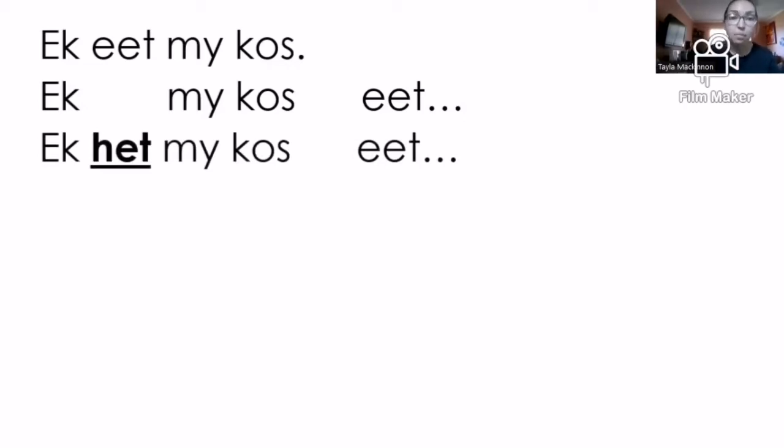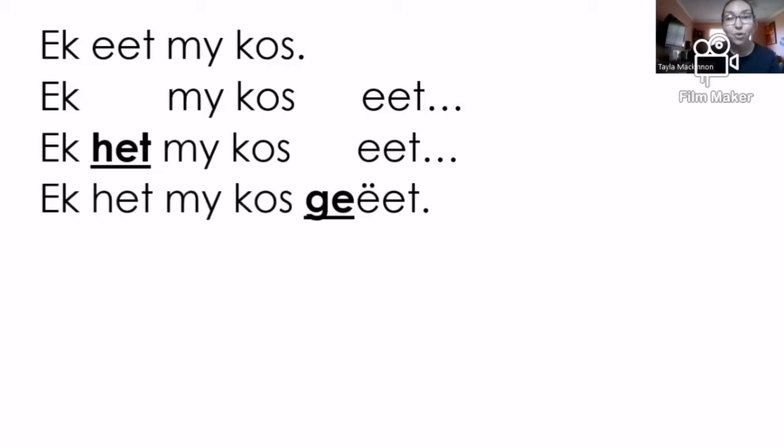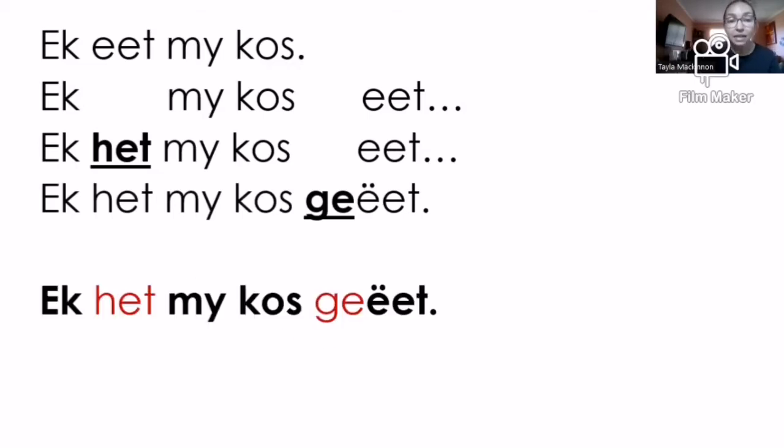Ek het my kos something eat. And ge goes in front of your verb. So your sentence is now ek het my kos geëet. I have eaten my food. Right? So you take a simple present tense sentence and you change it into past tense.